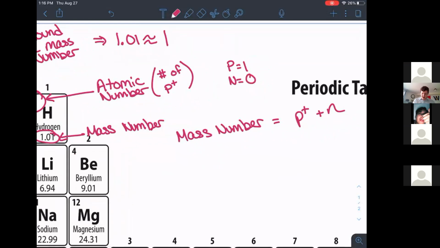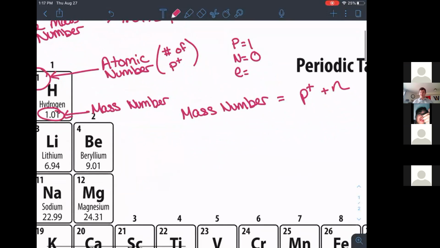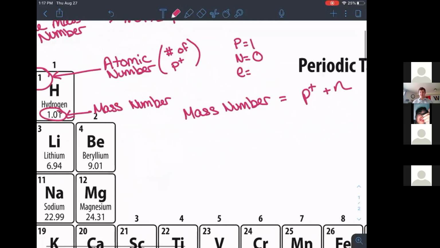Perfect. How many electrons are we going to have? Remember, I want a neutral atom for these. If I want a neutral atom, that means my charge has to be 0. And if my charge is 0, how many electrons am I going to have? 1. I'm going to have 1 electron. Perfect. And that's because we find our charge by taking the protons minus the electrons.